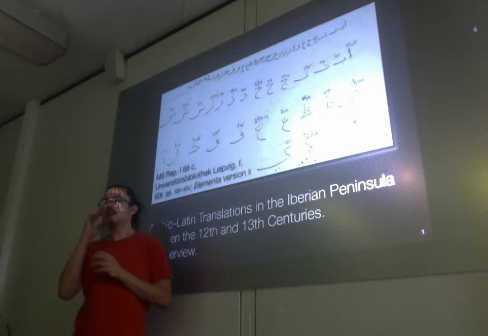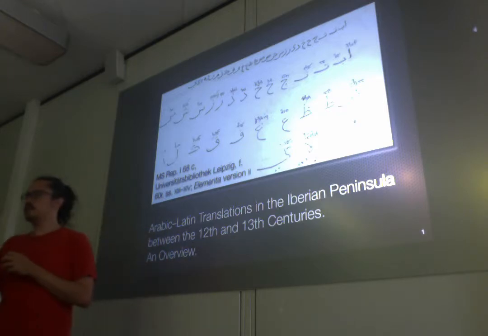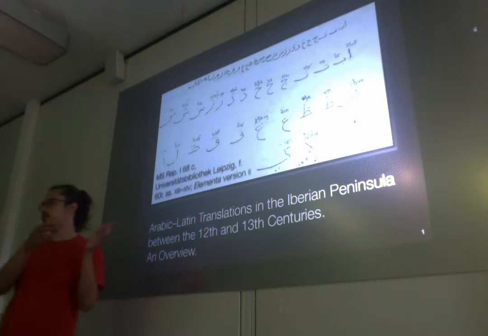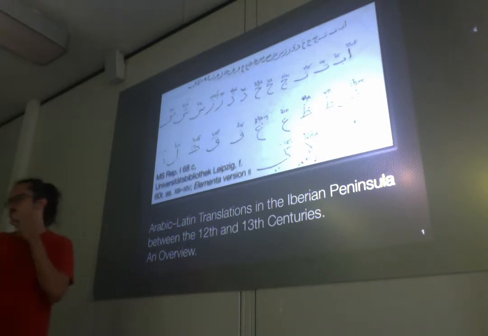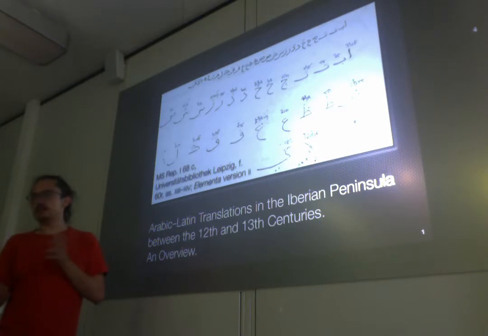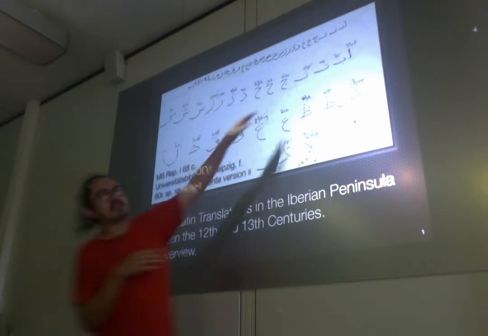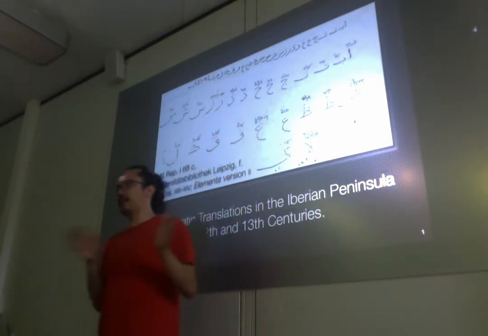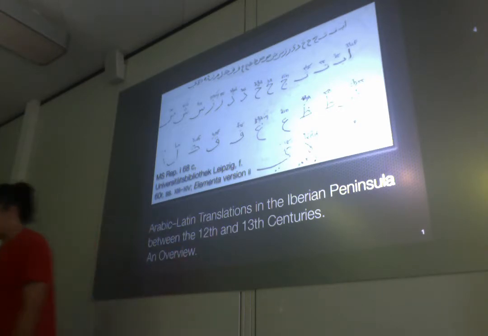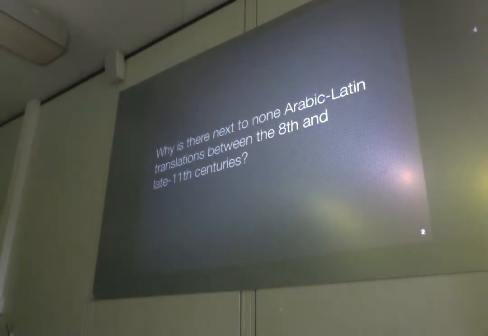This imala is a change in pronunciation, where you have an aleph and a long a vowel, and in the Iberian dialect it changed to e. So we can see here the influence of the imala. This is just for fun, actually.